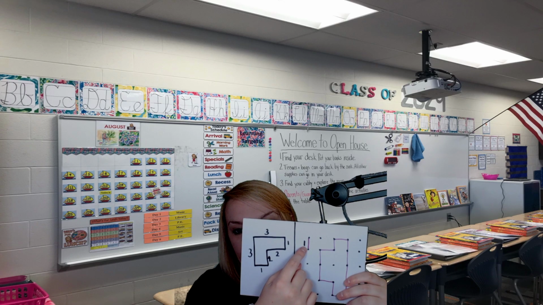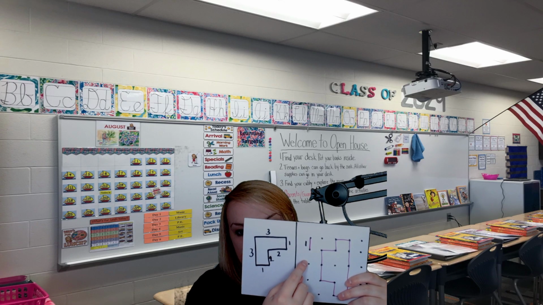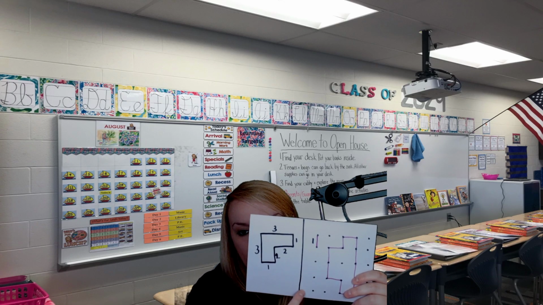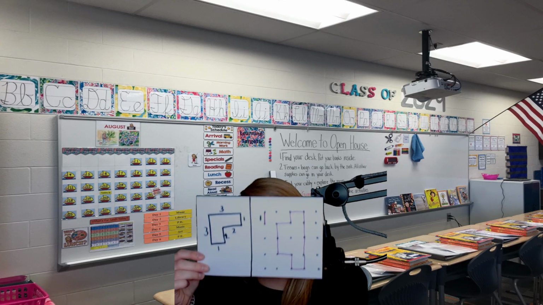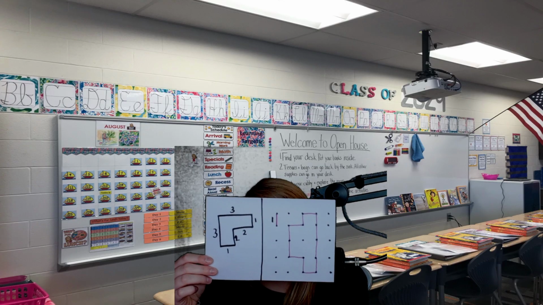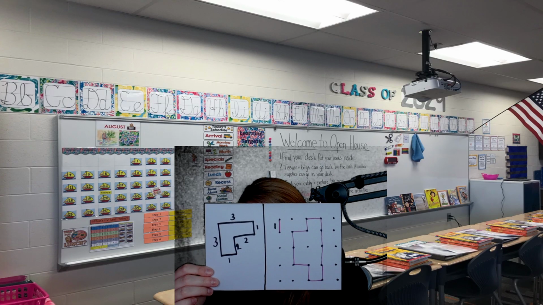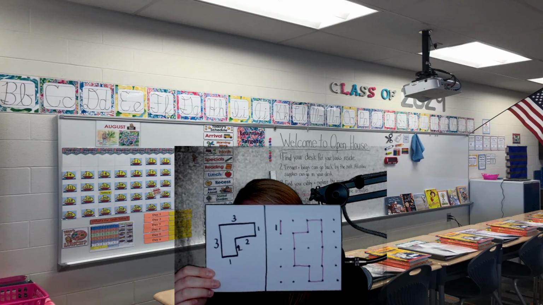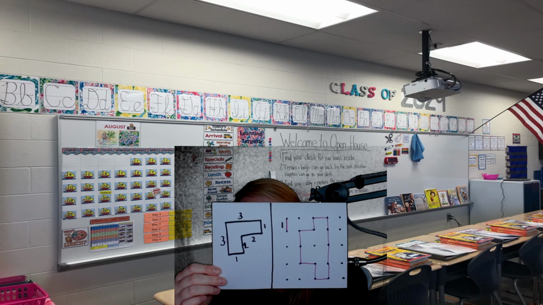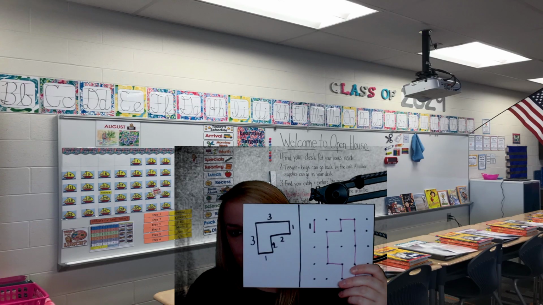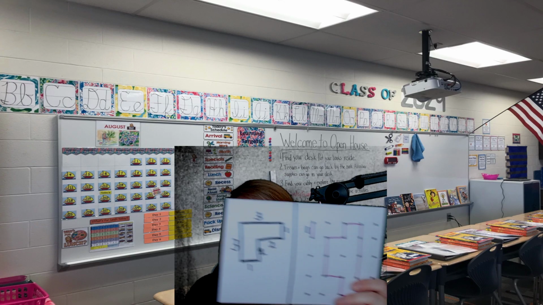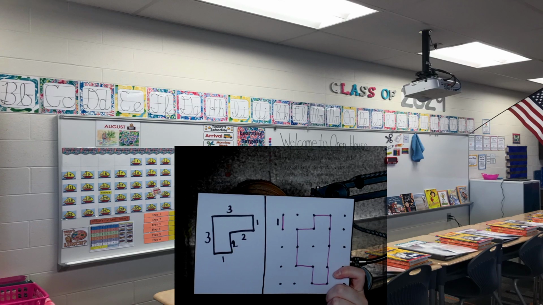If I kept going, another one would be 2, 3, 4. So if I wanted to find the perimeter of this shape on dot paper, there are no numbers. I can't add up the sides because there aren't any numbers. All I have to do is count how many connections there are between the dots.